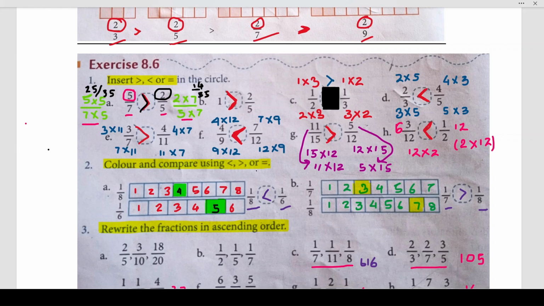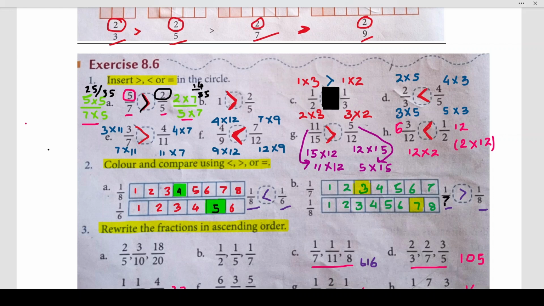Okay. Now color and compare using greater than, less than, or equal to. Now 1 by 8 and 1 by 6, which is greater? Obviously 1 by 6 is greater. Next B, 1 by 7 or 1 by 8. Because the numerators are the same, we will put the greater than sign towards the one which has the lesser denominator.